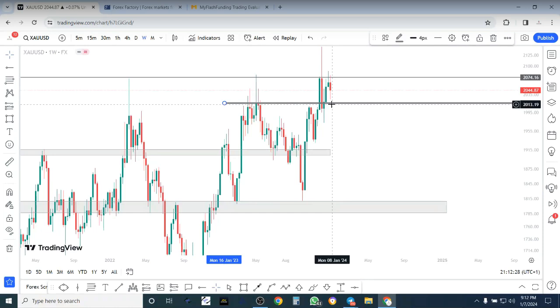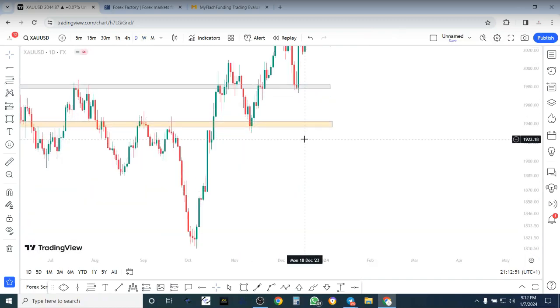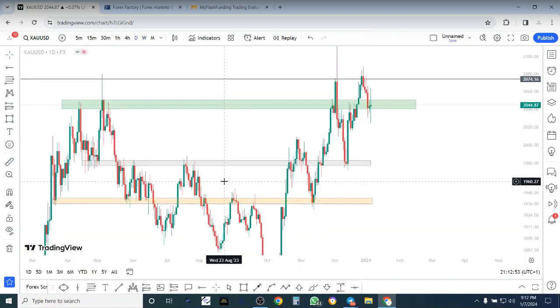All those put together are what tell us what price is going to do. But in the meantime, with the way we closed last week, a bearish engulfing candlestick at a solid all-time resistance level, next week I'll be looking for bearish. I could be wrong, but that's what I'll be looking for. On the daily time frame, I remember last week my analysis was that I'd like to see price drop into this zone.